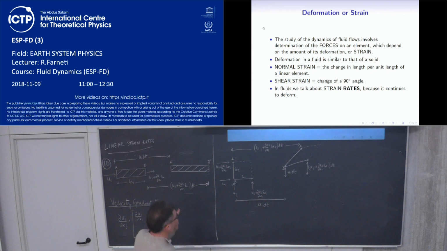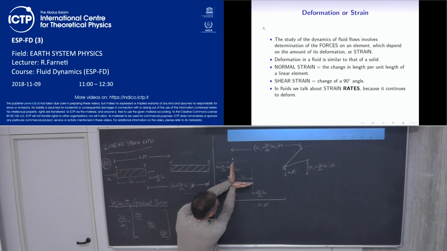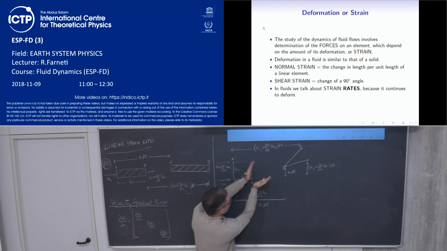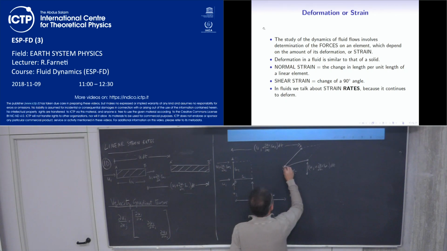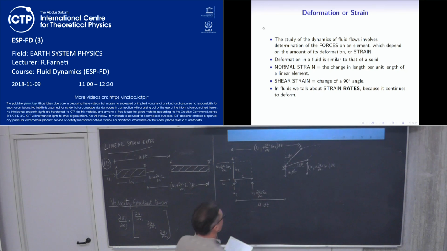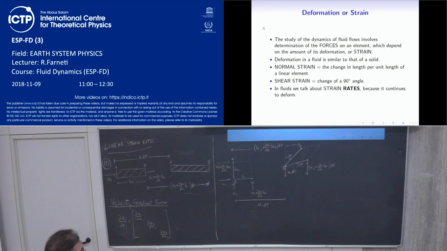Now there's not just a linear strain, but there is a shear strain. So these two got shrunk in this way because of the shear. So now I have formed two angles. I call this beta and I call this alpha. That's the rotation that was acquired because of the shear.